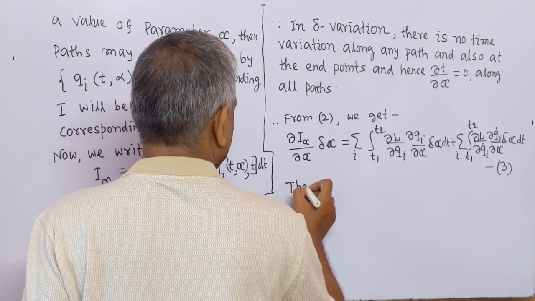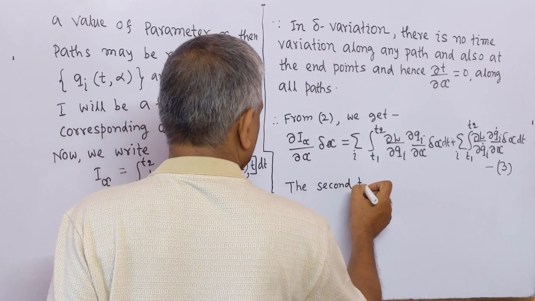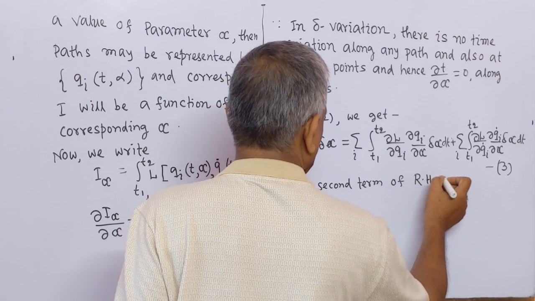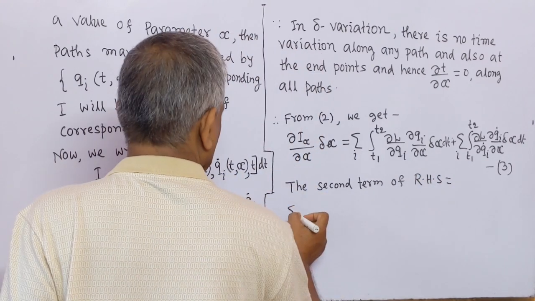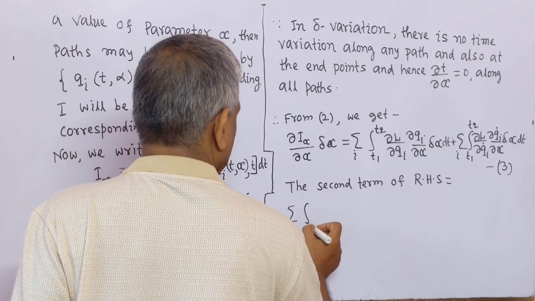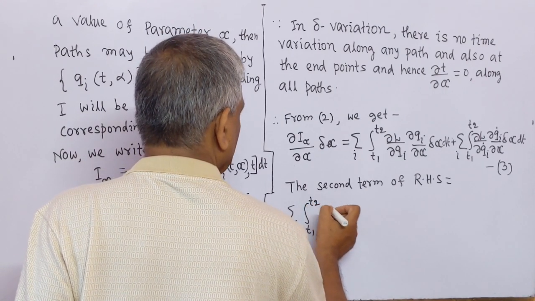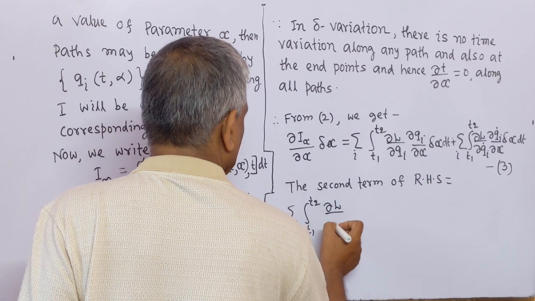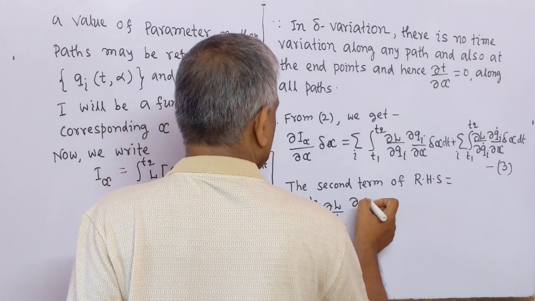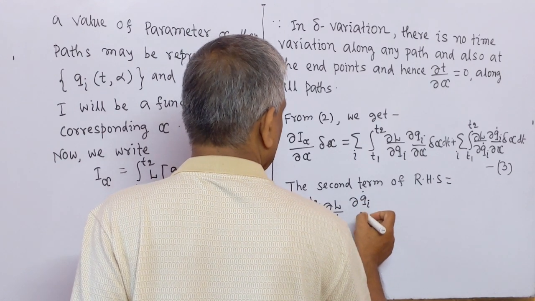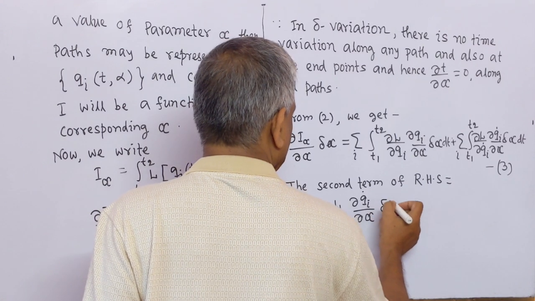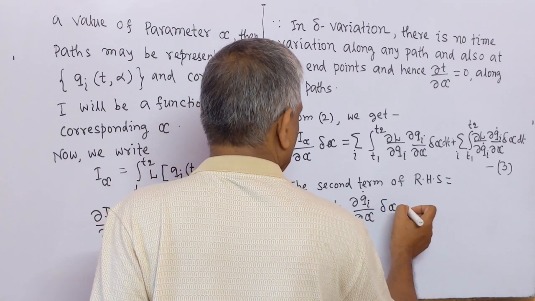The second term of the right hand side equals sigma i integral from t1 to t2 of partial derivative of L with respect to qi dot times partial derivative of qi dot with respect to alpha delta alpha dt.